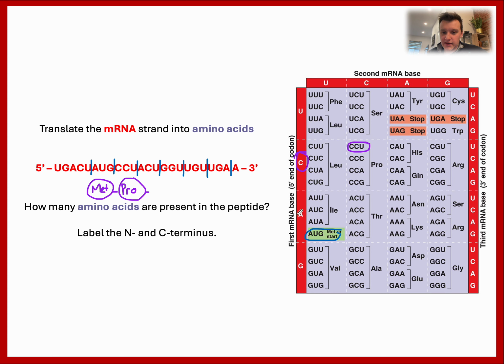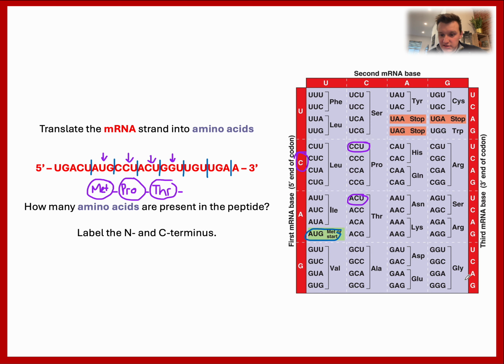ACU, we have this threonine. Then we have this GGU. So we've done 1, we've done 2, we've done 3. Now we're at our GGU.